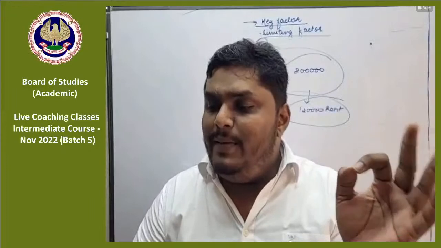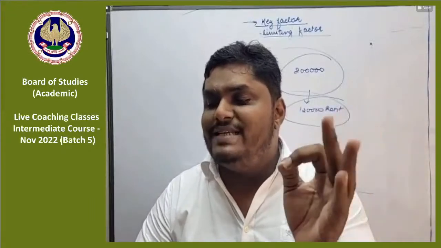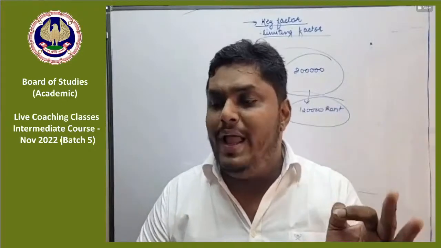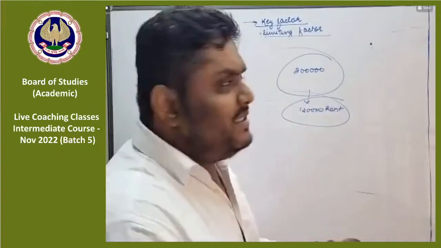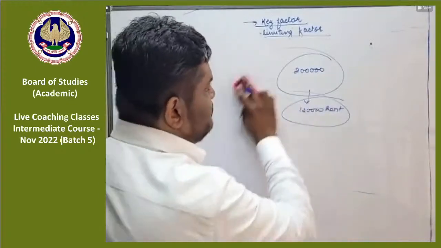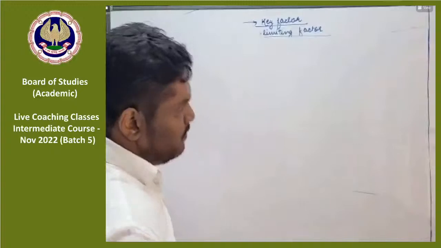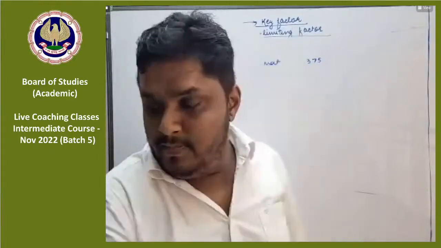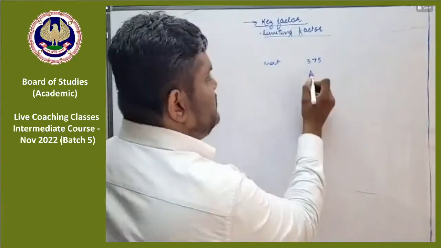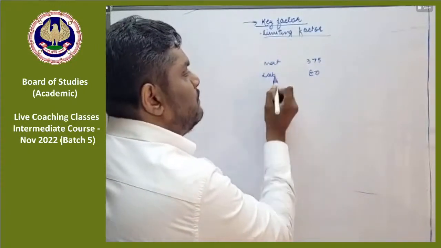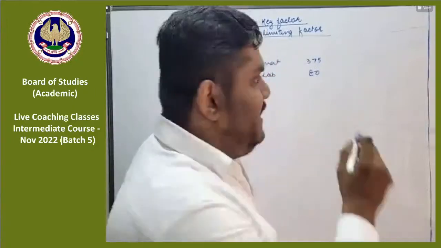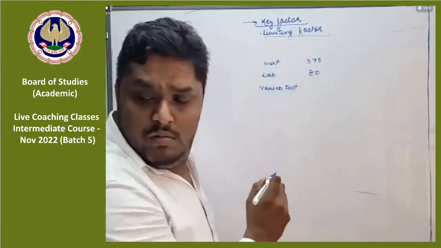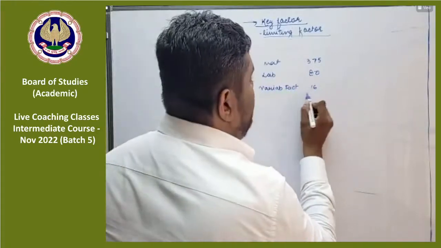NN Limited manufactures automobile accessories and parts. The following are the total costs of processing 2 lakh units. The material cost is 375 per unit. The labor cost is 80 rupees per unit. And the variable factory overheads are 16 per unit.